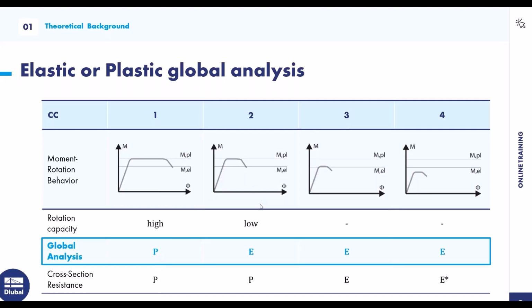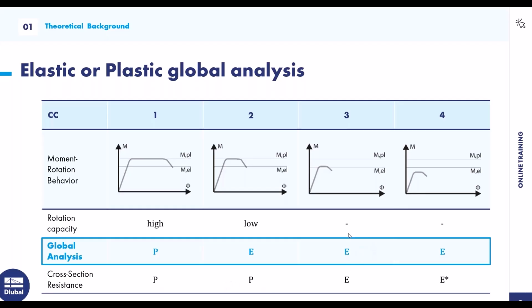Cross-section class 2, where there is a low rotation capacity, allows an elastic structure calculation. And as with cross-section class 1, the cross-sectional resistance can also be applied plastically. The first and the second cross-section class, where you can consider a plastic cross-section resistance.